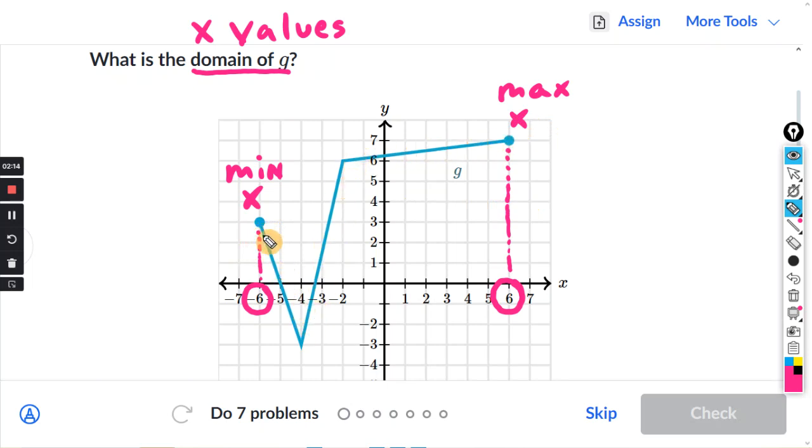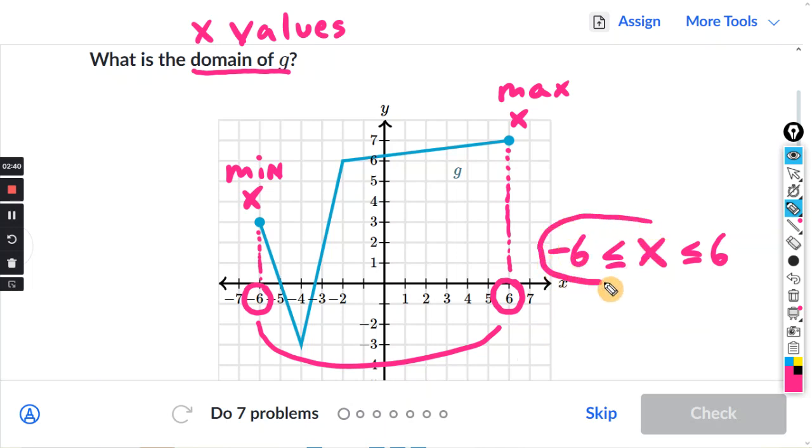There are no holes in this graph, so it includes all of the values that run from -6 to +6. So if you start with x, it's going to be everything that's less than or equal to +6, and it's going to be greater than or equal to -6. So that's it right there.